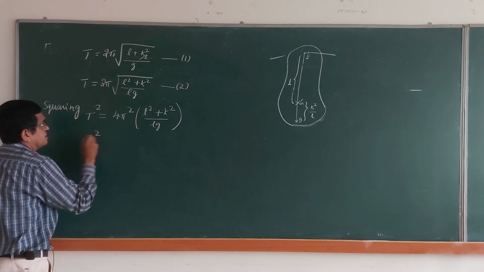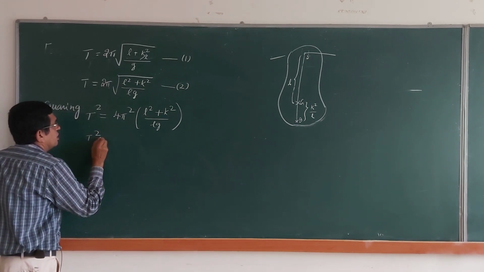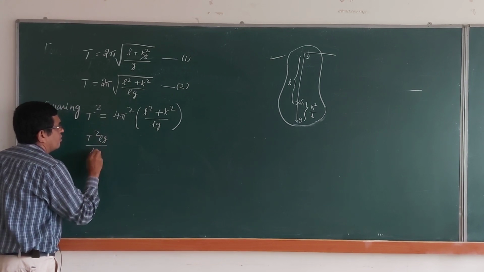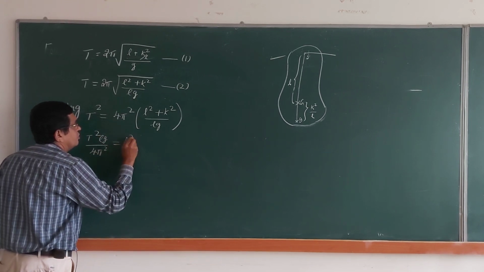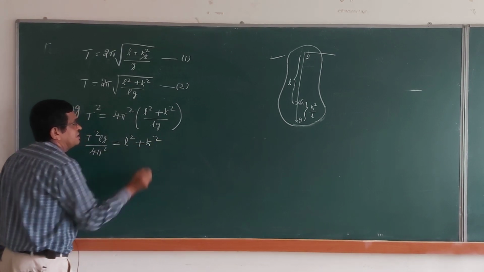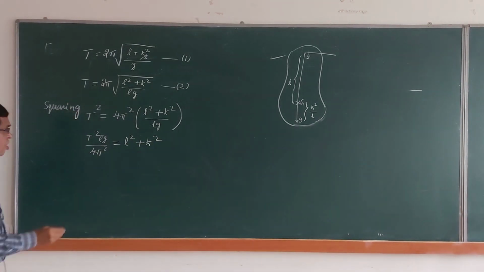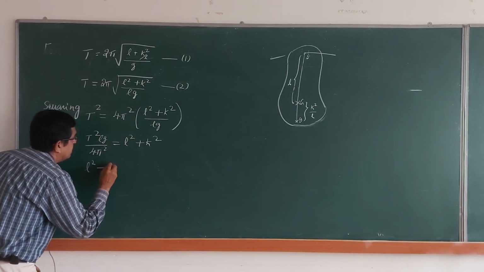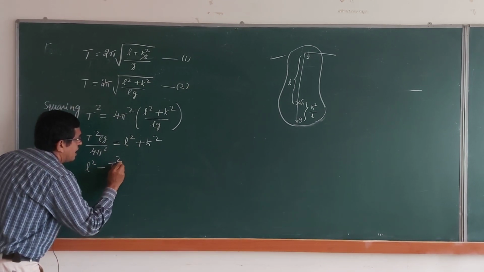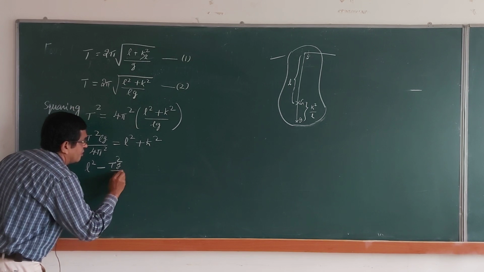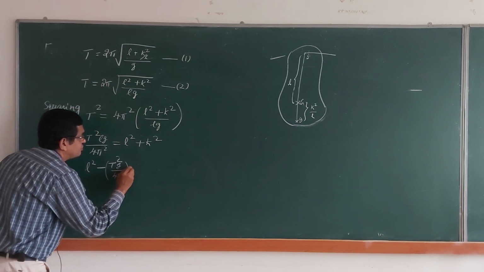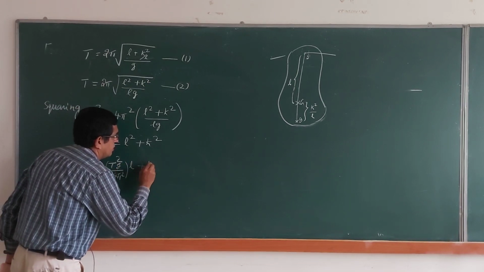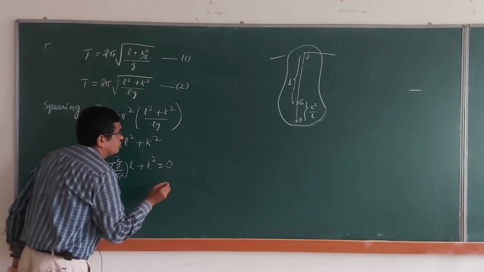We can write this as T square Lg by 4 pi square equal to L square plus K square, or L square minus T square g by 4 pi square into L plus K square equal to 0.